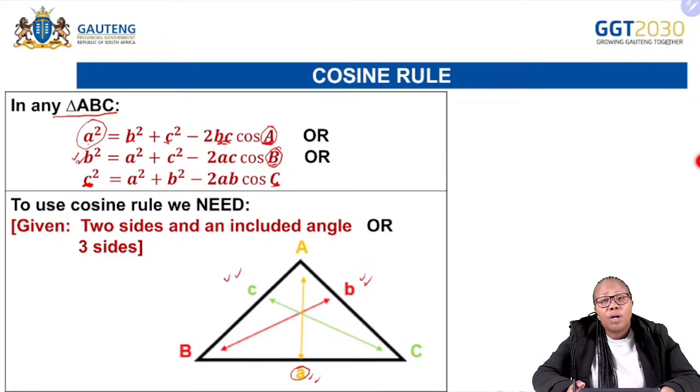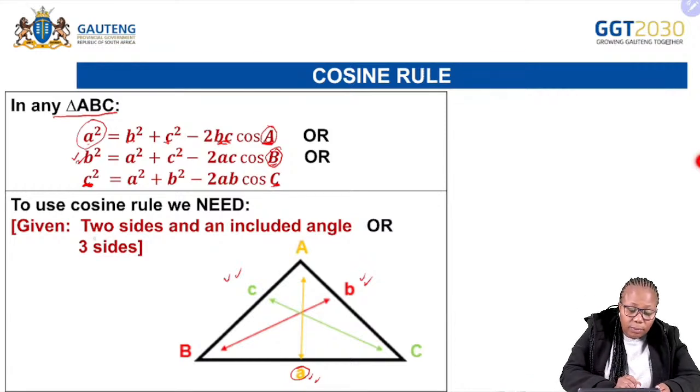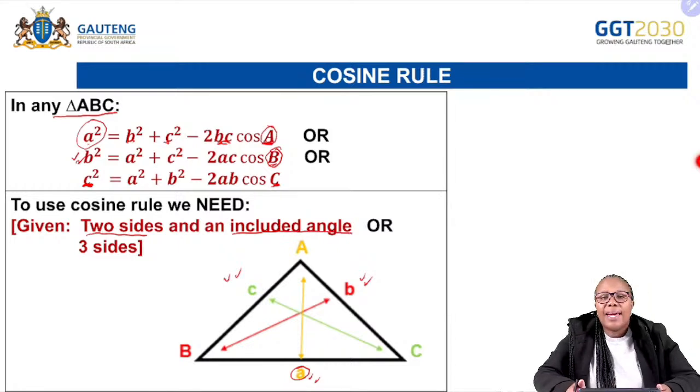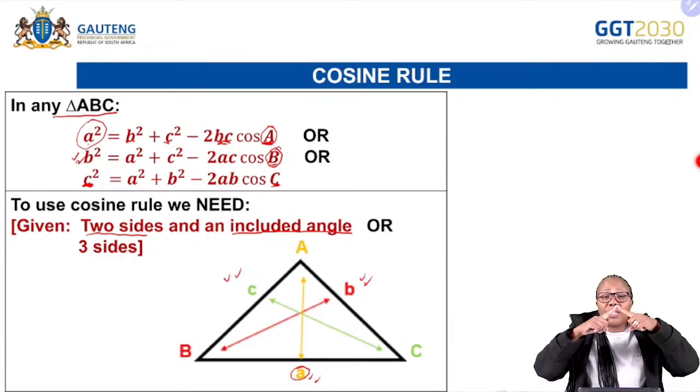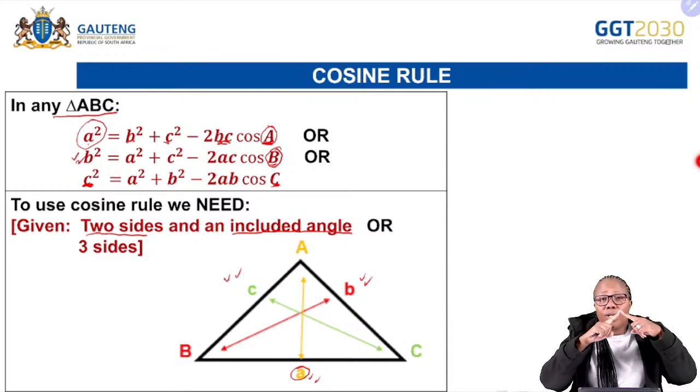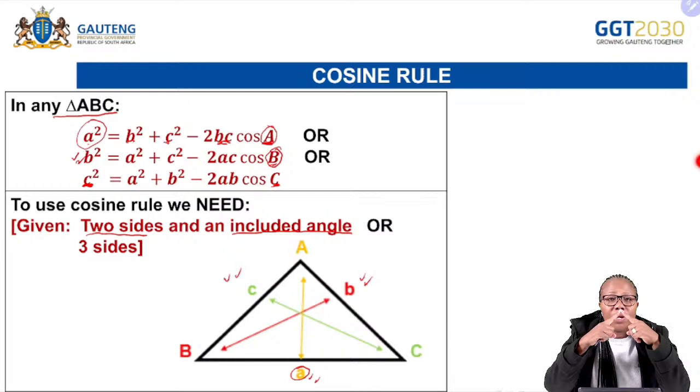When do we use a cosine rule? To use a cosine rule, you must be given two sides and an included angle. The angle must be included. What do we mean by included? The angle must be between the two sides given to you. Remember, you must have two sides given with an included angle.